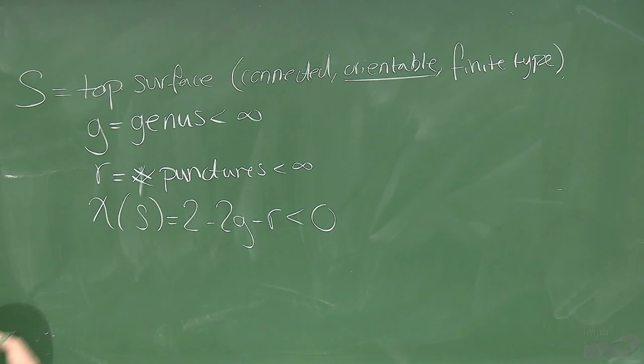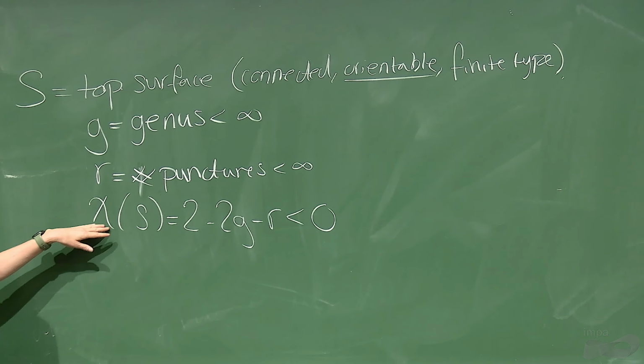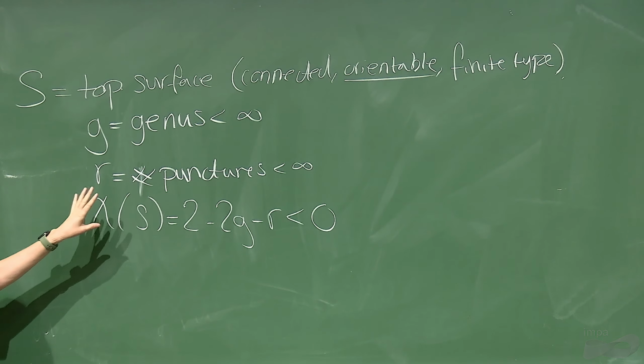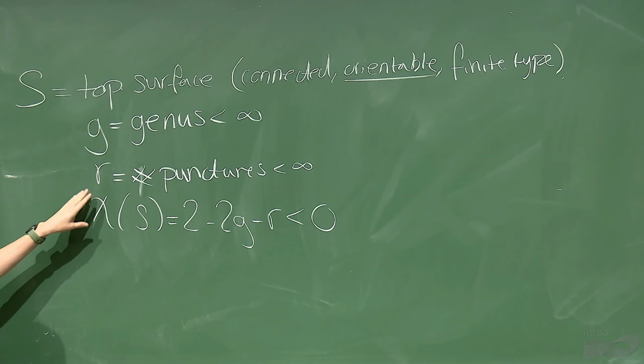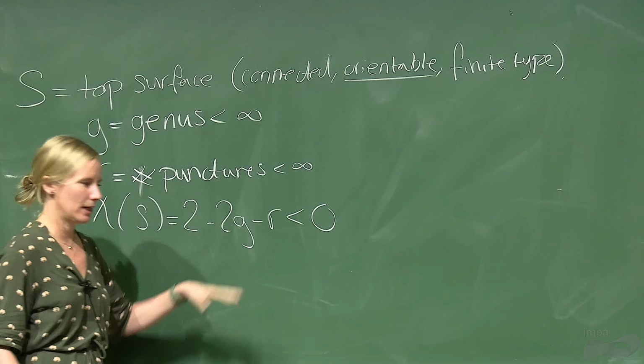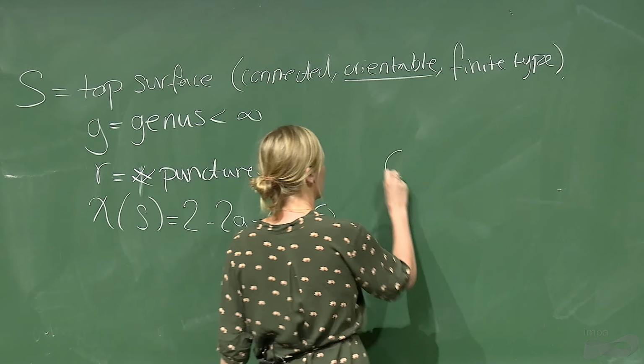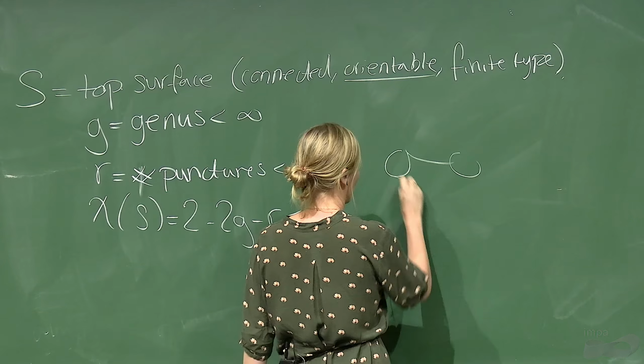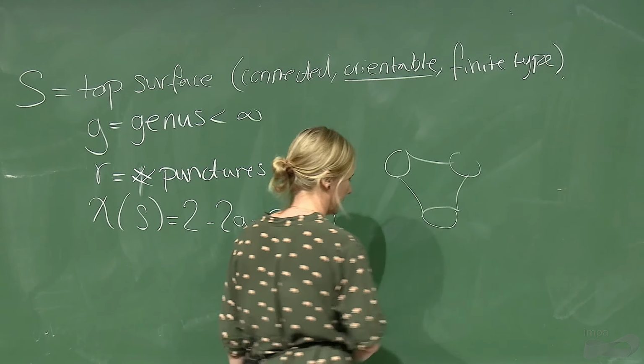So the smallest complexity surfaces are the once-punctured torus, which we're going to talk about a lot, especially today, or the 3-hole sphere. But actually, I want to exclude this one. Puncture or boundary, I'm going to use interchangeably.